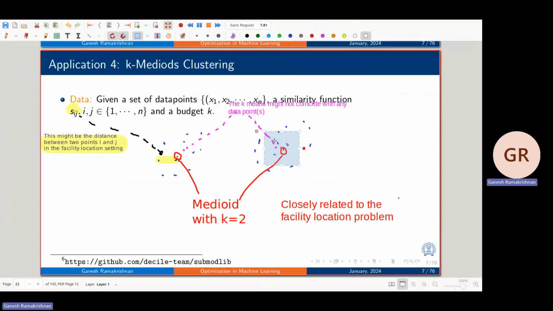I don't want these centers to be necessarily means. They could be what we call medoids. You understand what a medoid is, right? They should correspond to actual points in the clusters. So here's an example of medoids with k equals 2. The problem is that k-means centers might not coincide with any data point, whereas a medoid has to coincide with one of the data points.